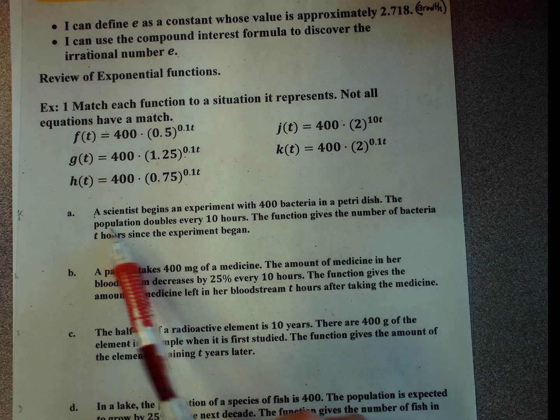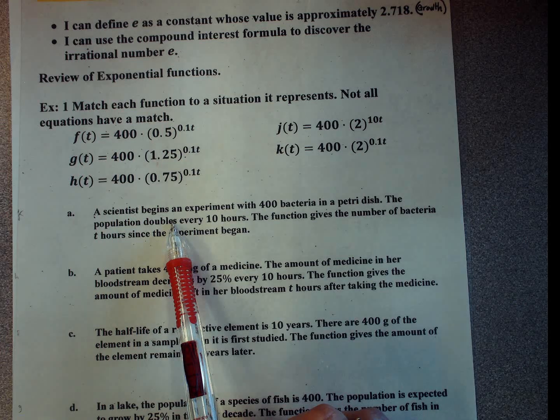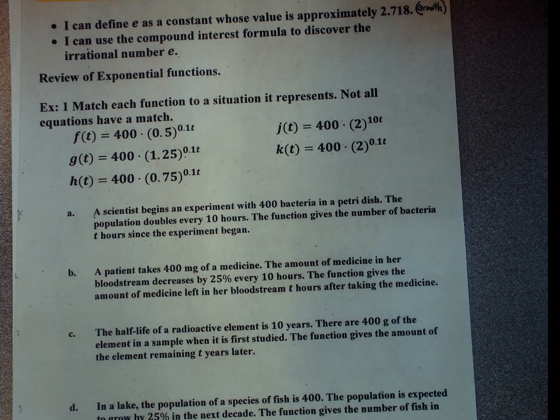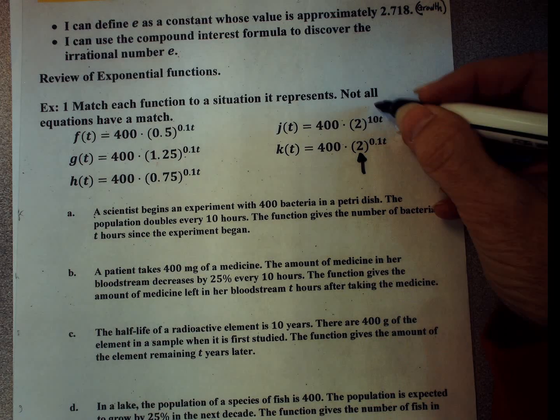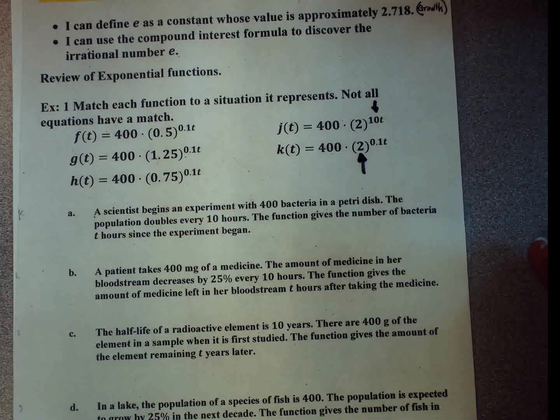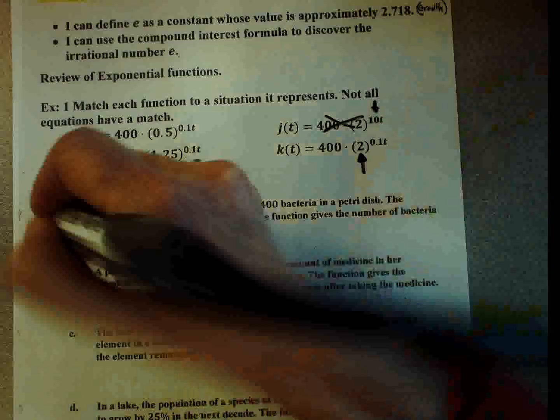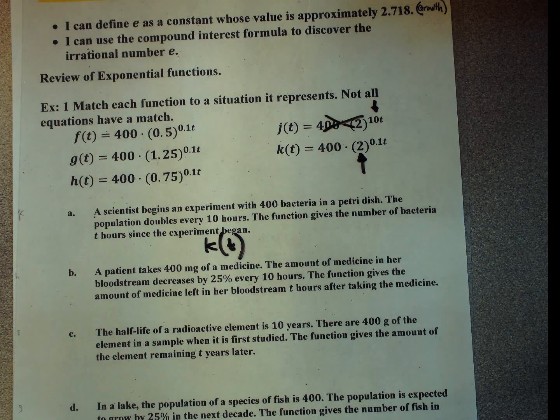Okay, so if a population doubles, which one has a b that doubles? Which function? K. That one doubles, but the 10 is throwing you off because each of these has just 0.1. So this one probably won't be used. This one is doubling, so K of t is what matches to that scenario.